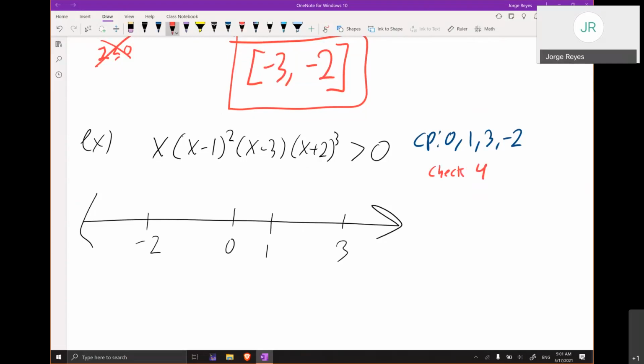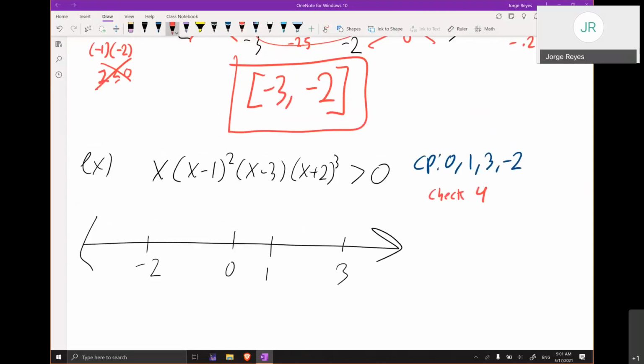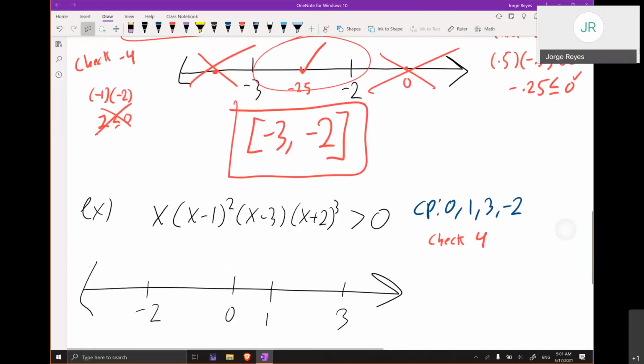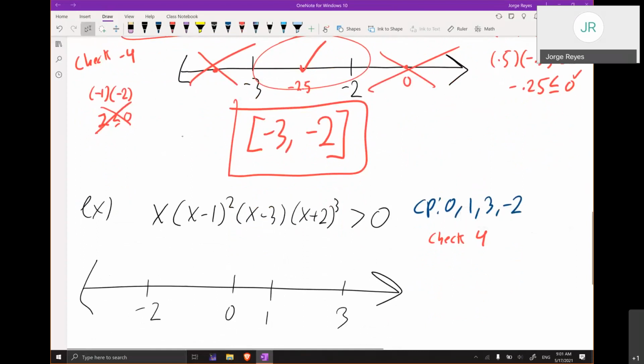But if we want to get a little faster, because this could be a little slow, notice that this is 0 on the greater than sign. So really all I care is if the number is positive, right? So when I plug in 4, this will be 4, but that's a positive number.